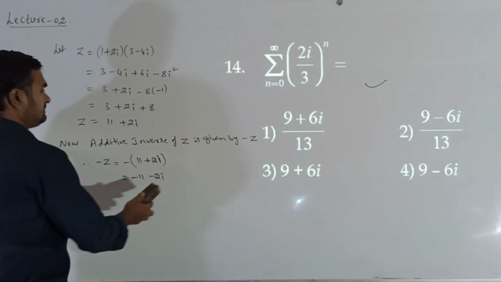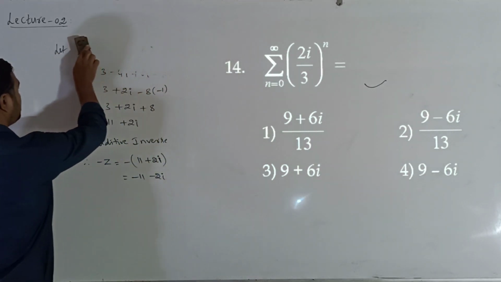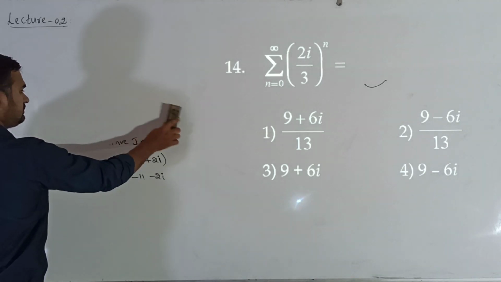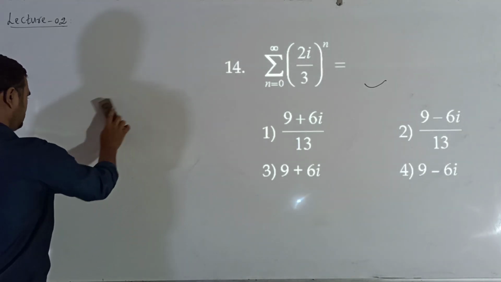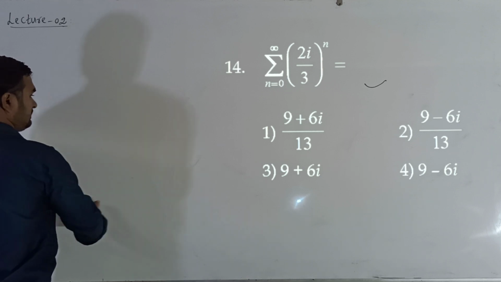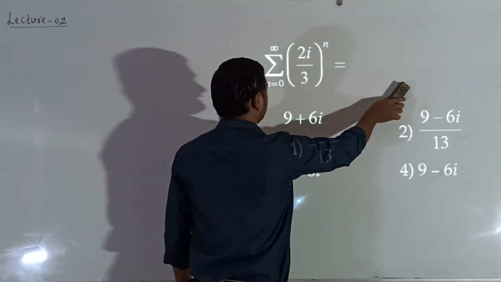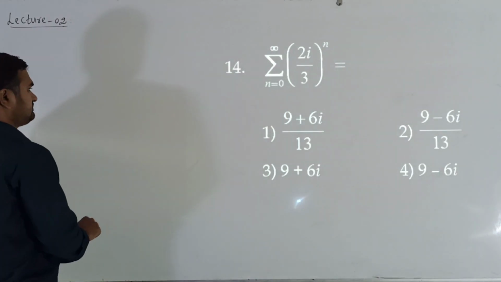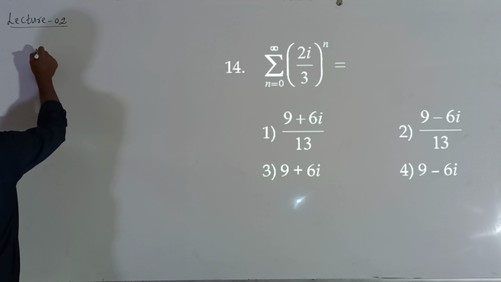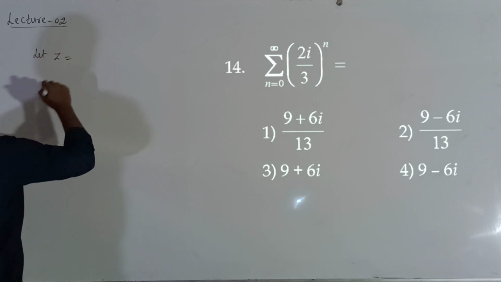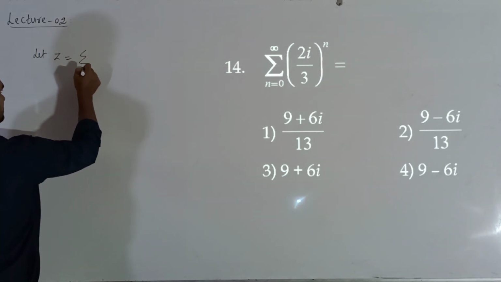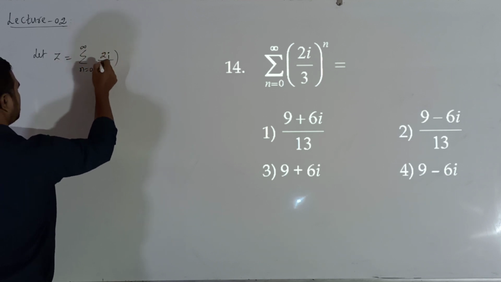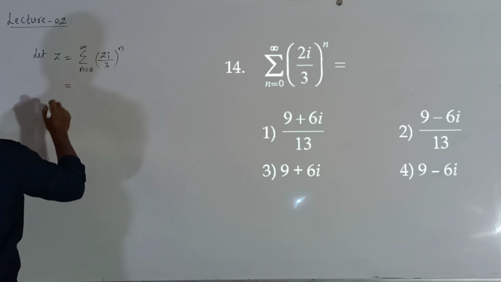See question number 14. Sigma from n equal to 0 to infinite, 2i divided by 3 whole to the power of n is equal to, so the summation we have to find here. So first expand the summation. Since we have 2i by 3 whole power n, it will be some complex number, take it as z. So let z equal to sigma from n equal to 0 to infinite, 2i divided by 3 whole to the power of n.